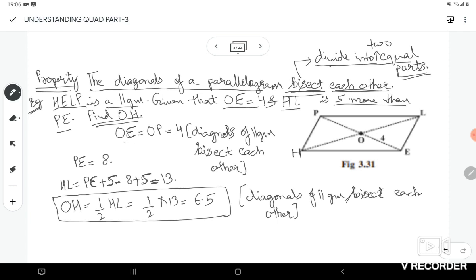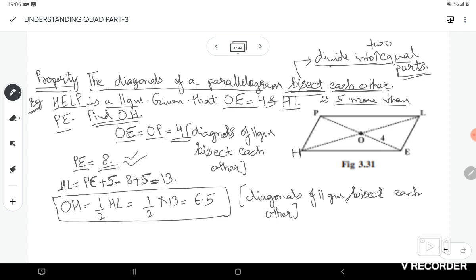From here we are given OE, so OE would be equal to OP, as diagonals of a parallelogram bisect each other. So it would be equal to 4, and PE would be equal to 8. OE 4, OP equal to 4, so PE becomes equal to 8.